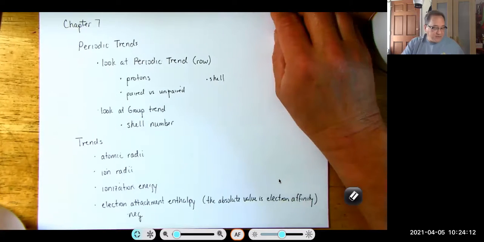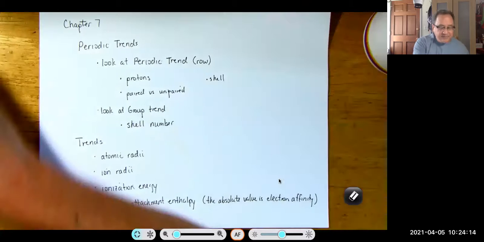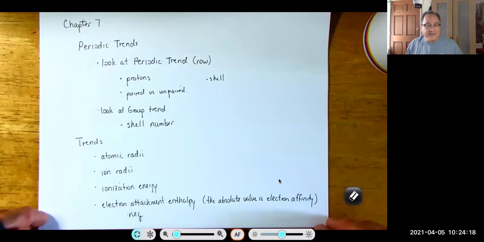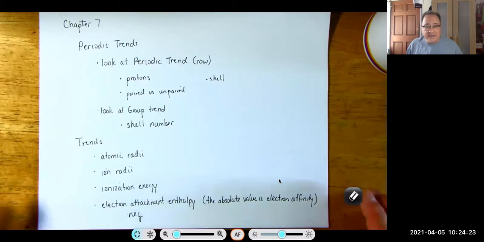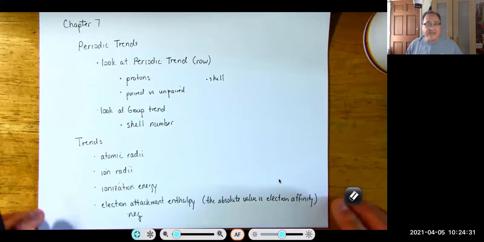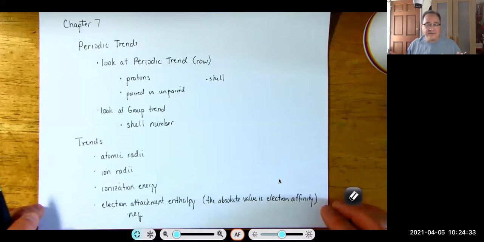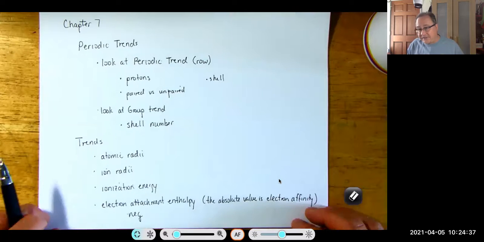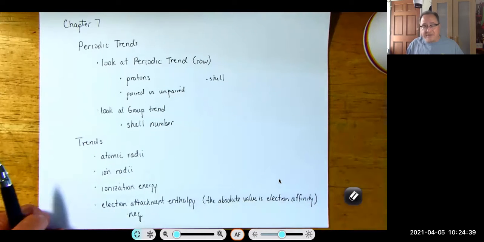I'm not really fond of the way the author has defined these things. Because again, I understand and I like energies being negative and positive, but I think we need to focus more on what the negative and positive mean rather than just attaching a sign to it. We attach a sign to it for a reason. And what's the reason? Negative is energy released. Positive is energy absorbed.